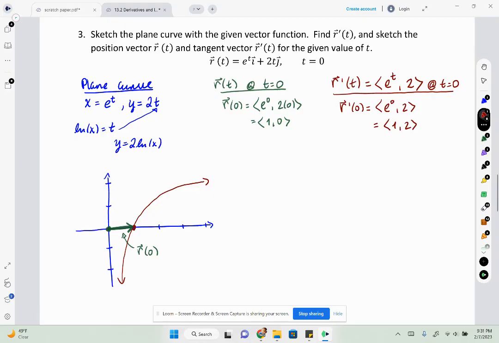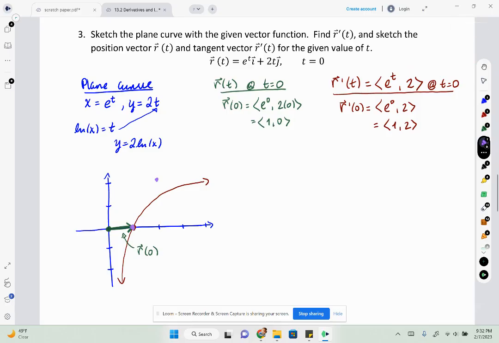Now here's what's different about the tangent vector. It is tangent at the point on the curve. We do not draw this like a position vector. In fact, we go over to the point where t is equal to 0. It's right where my position vector is pointing to, okay? So starting there, the directions are saying go 1 in the x direction and go up 2 in the y direction.